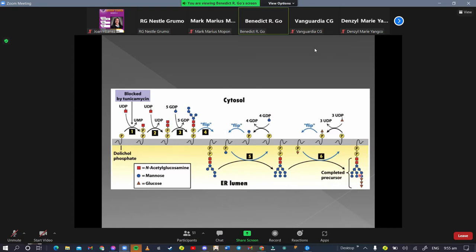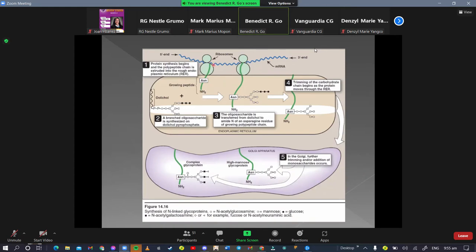Now, the next slide will show that we mentioned O-linked is post-translational. Here you can see that N-linked is co-translational. So while your RNA is being translated into your protein portion, the dolichol will donate a branched oligosaccharide onto your asparagine residue right here. The oligosaccharide is transferred from dolichol.